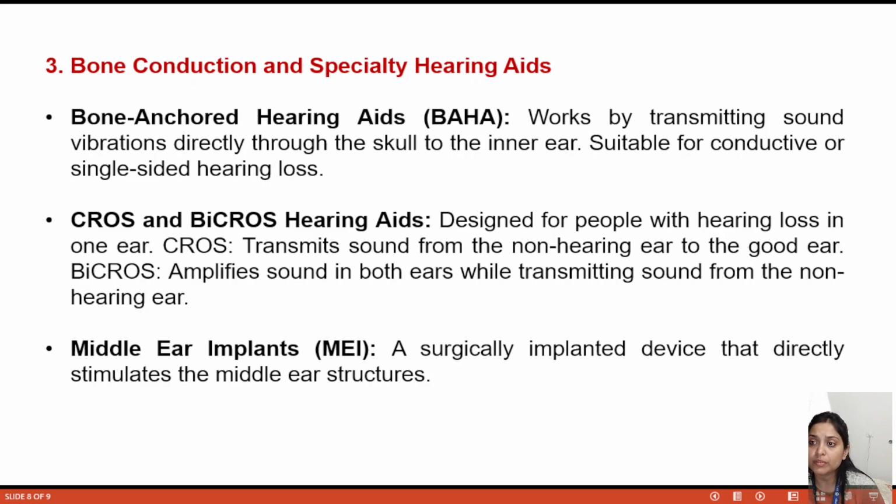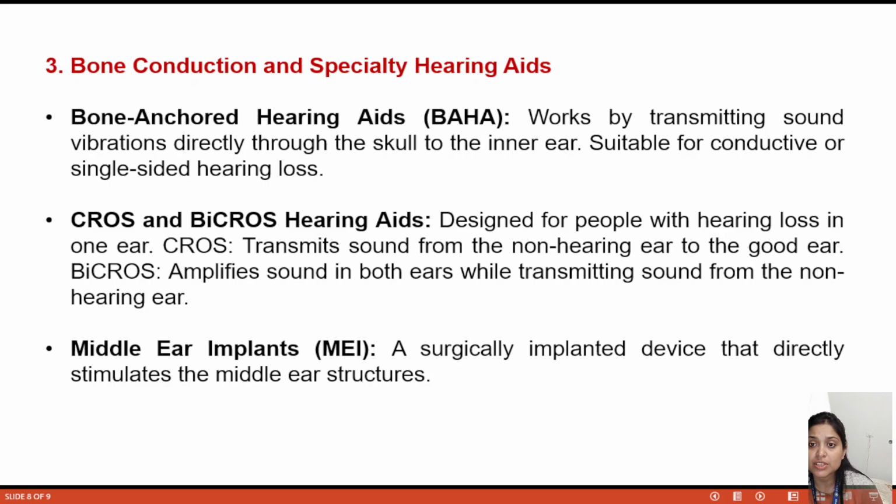They are suitable for conductive or single-sided hearing loss. Some people cannot hear through the ear canal at all, so for this purpose it is very useful.